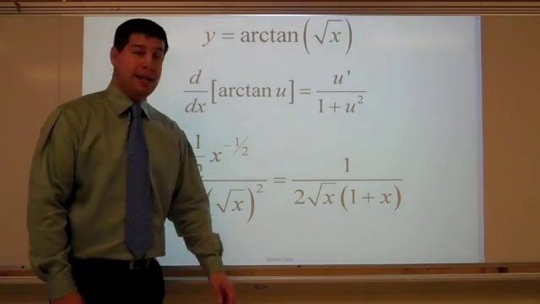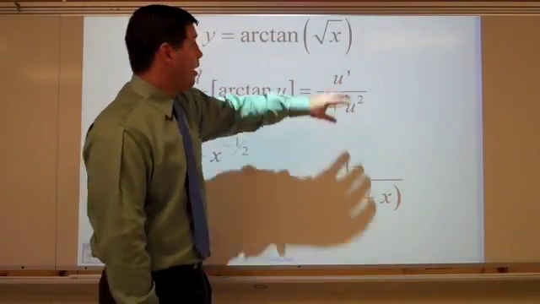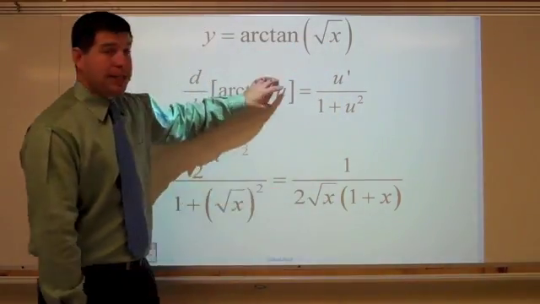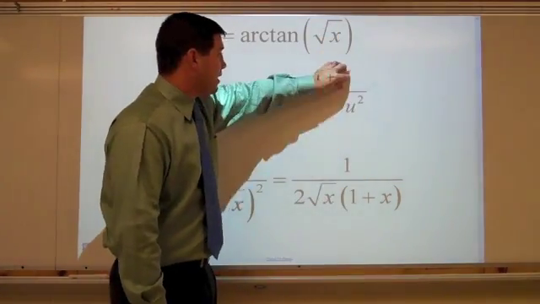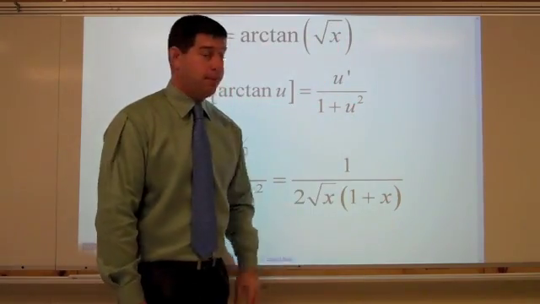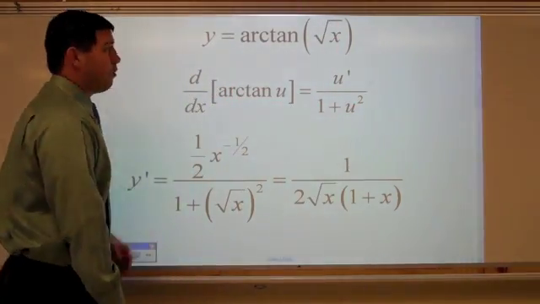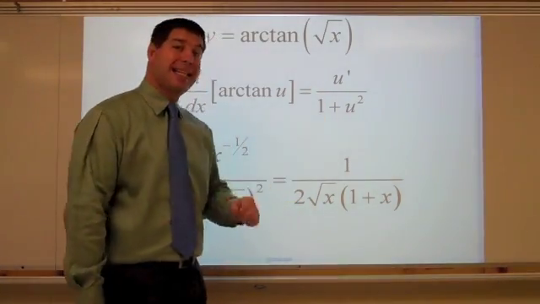Derivative of arctan of square root of x. Derivative of arctan of u is u prime over 1 plus u squared. So the derivative of this over 1 plus this squared. Derivative of x to the 1/2, or square root of x, is 1/2 x to the negative 1/2.